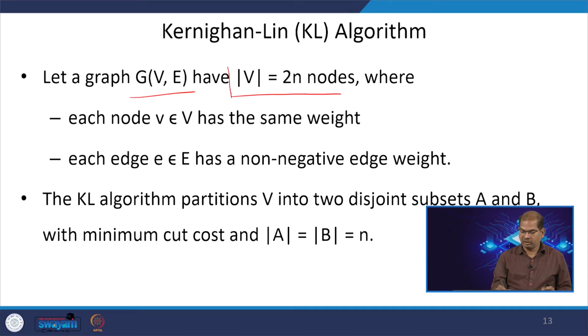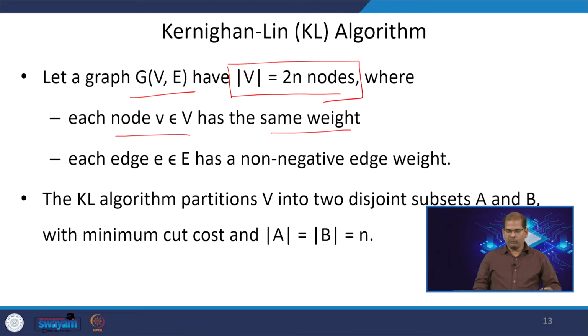Okay. So, mod of V is an even number of nodes. Then each node v belonging to V has the same weight. So, each node is assigned the same weight value. This is one of the constraints we use in the KL algorithm.